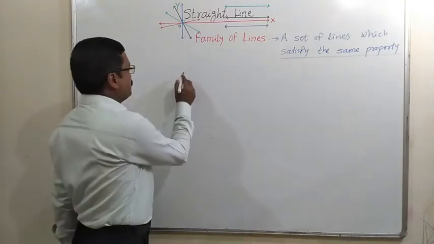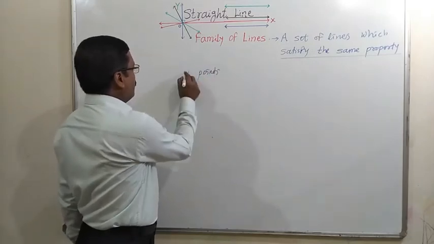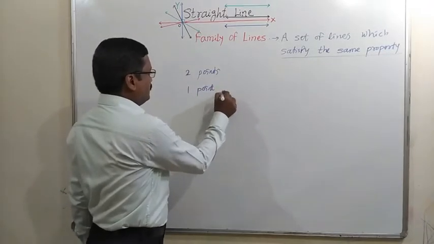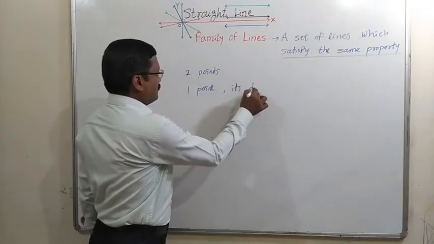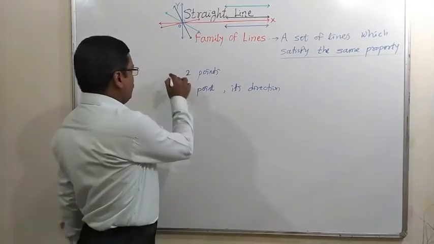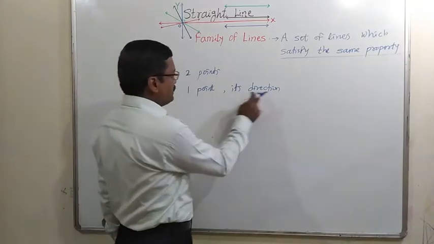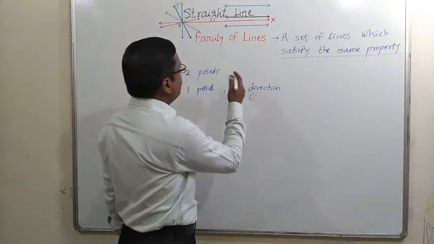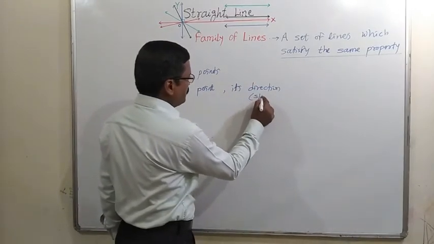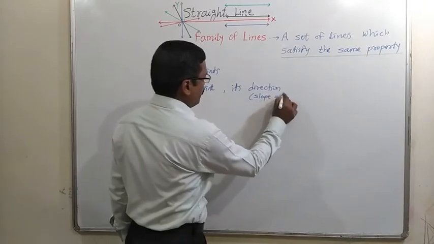The conditions to draw a line are at least 2 points, or 1 point and its direction. Direction, mathematically, we write as slope, equal to m.